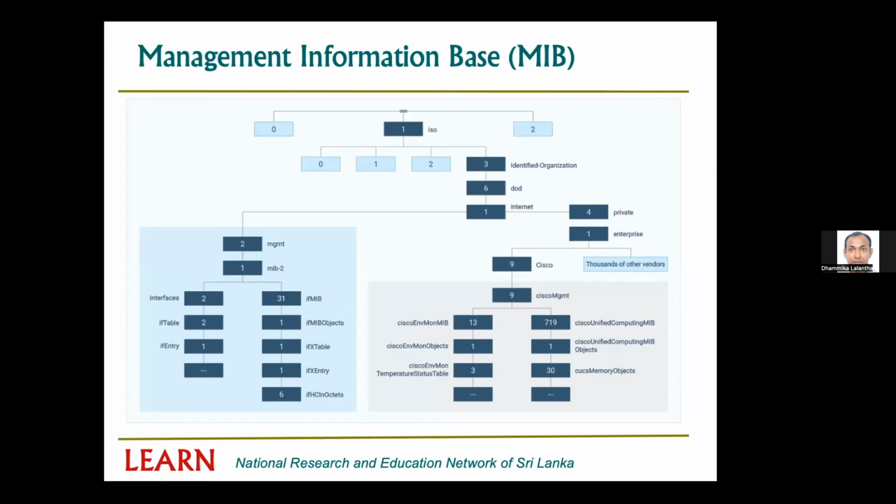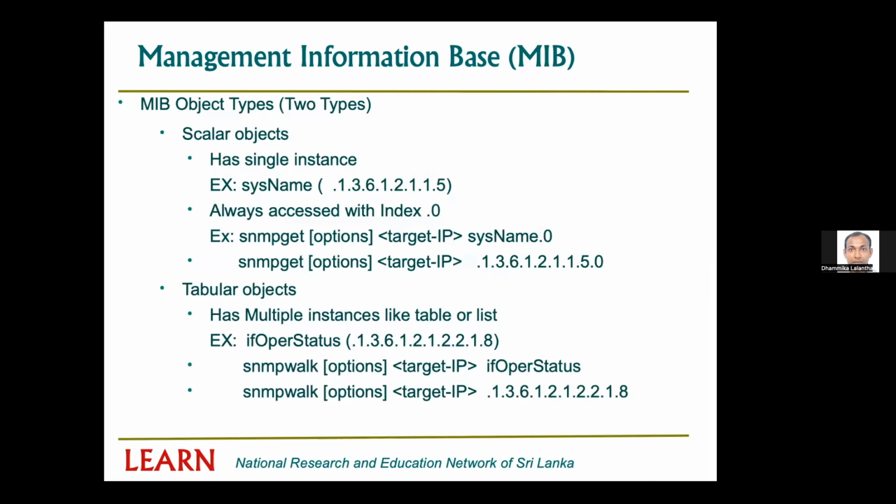Since the OID is a dotted numbered system, it is read from left to right. Here in this slide, as you can see, for example, this name system starts from dot 1.3 and so on.